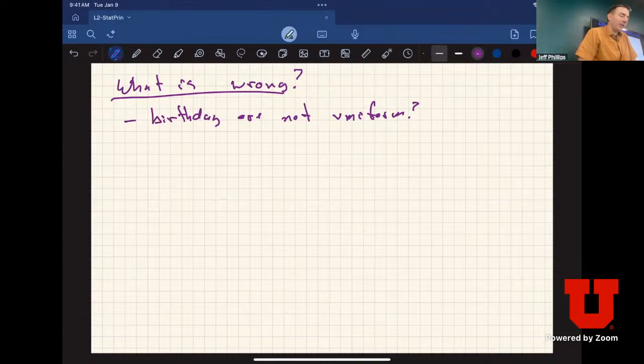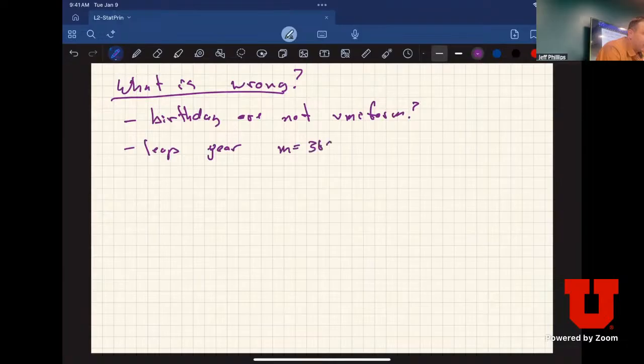Leap year. Okay, leap year. Now it's getting a little bit interesting. So M equals 365, 366, because there's Feb 29th. But now also this day deviates from uniform. It occurs roughly once every 4 years.